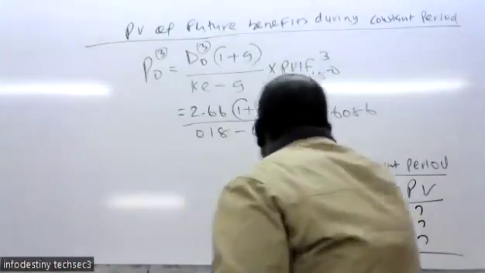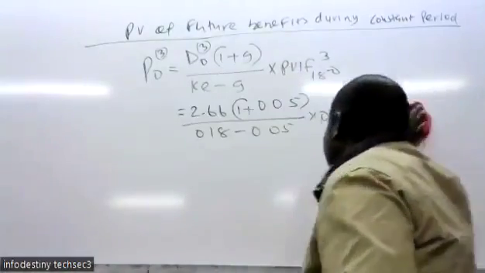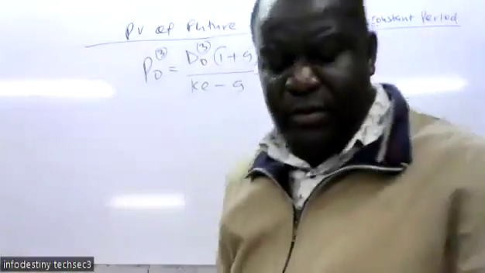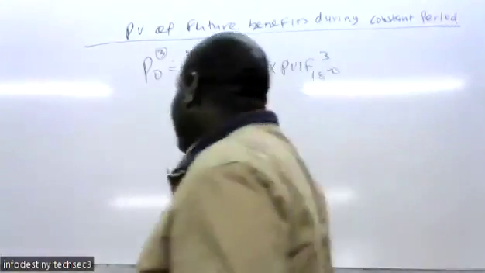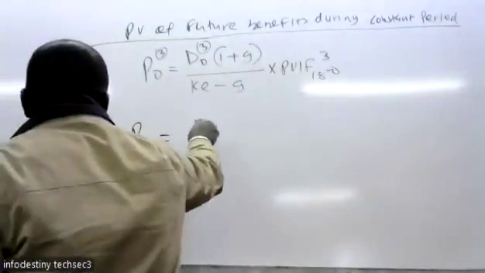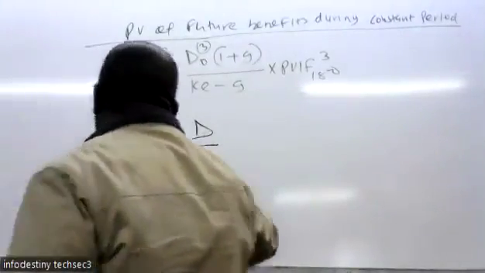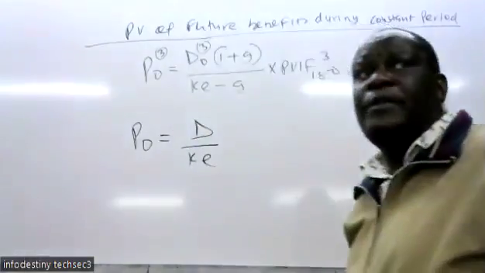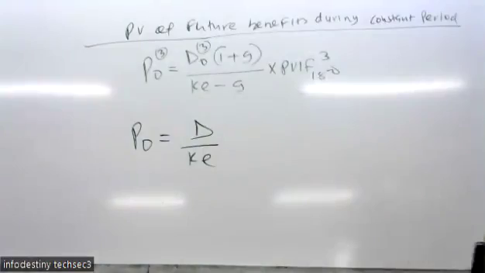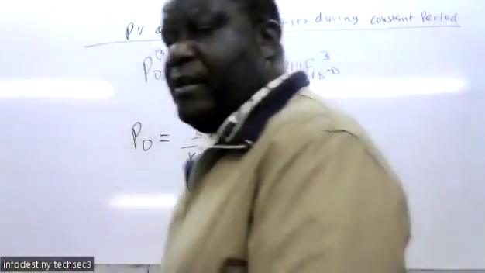So now to compute the theoretical value, V0 should be equal to D divided by KE.